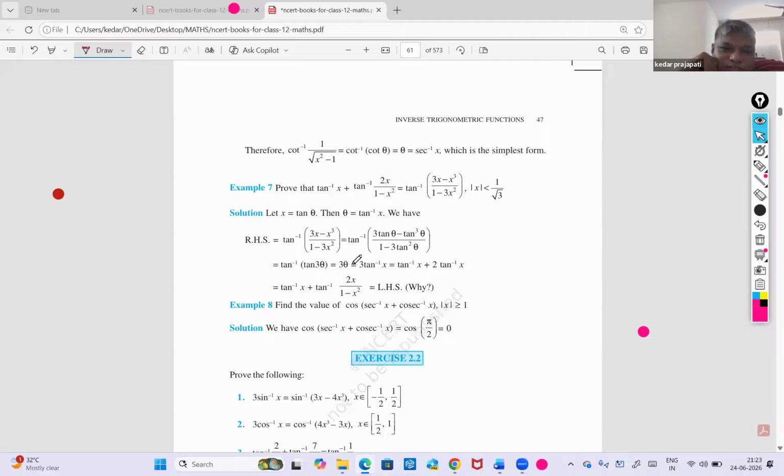These are difficult questions. NCERT has them, and sometimes in the JEE exam direct questions come. Tan inverse x plus tan inverse 2x by this is this much. They have taken x equal to tan theta.